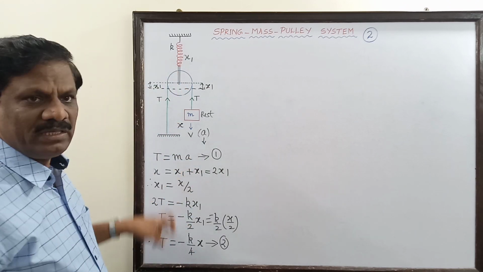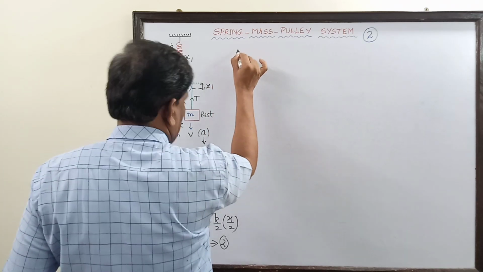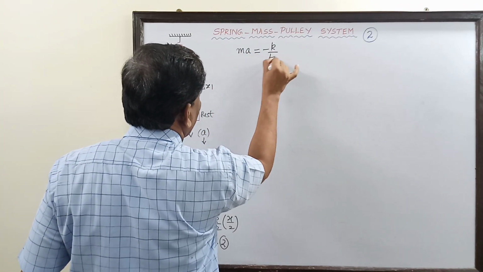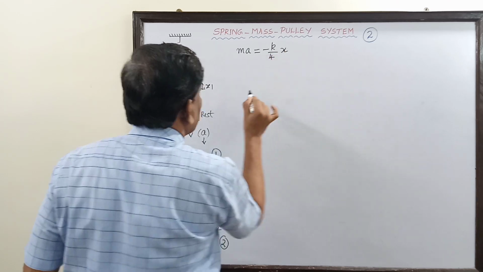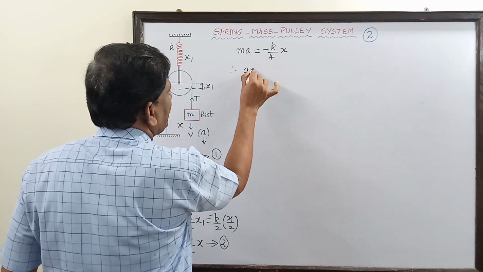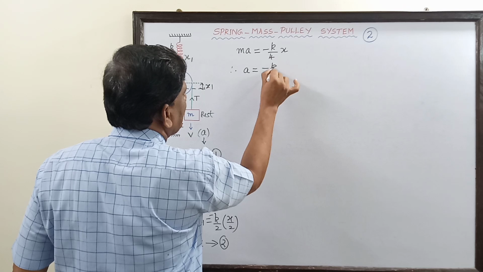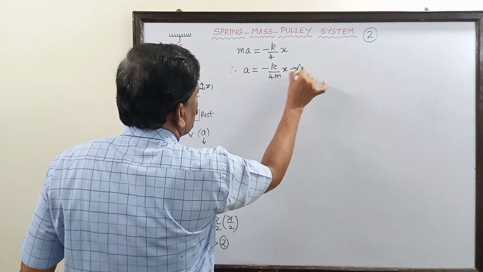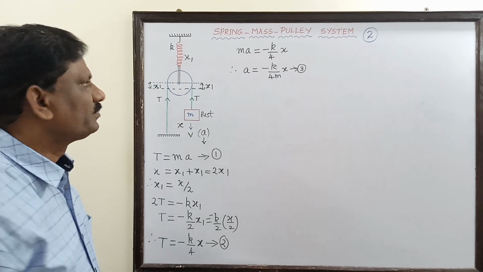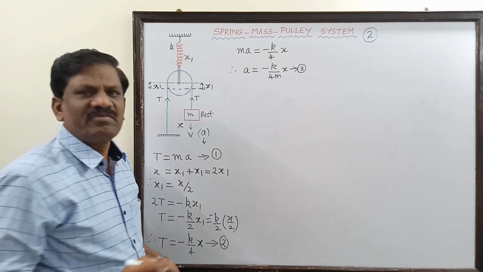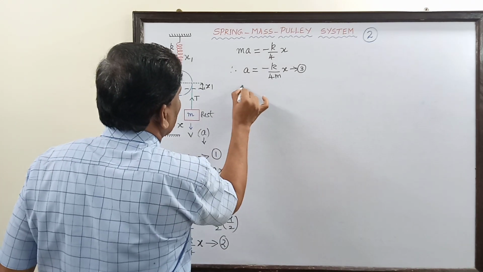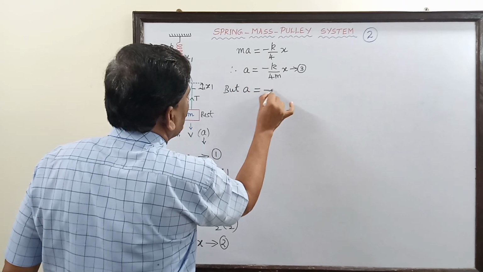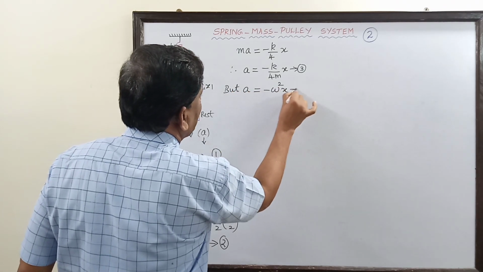Now I am going to equate these two. So M into A is equal to minus K by 4 into x. Therefore, what is the acceleration? A is equal to minus K divided by 4M into x. So this is equation 3. But from the SHM definition, A is also equal to minus omega square into x.